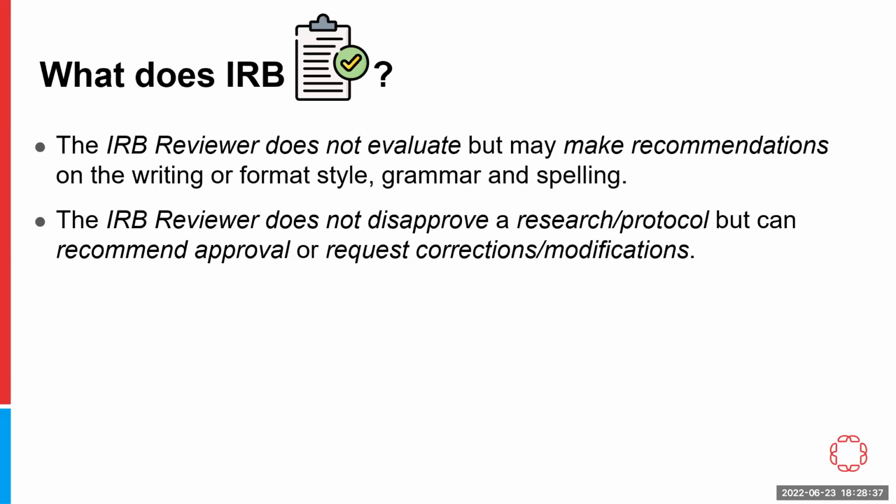However, we will recommend that the mentor check the grammar or style. Also, the IRB reviewer does not disapprove a research. The only thing an IRB reviewer can do is recommend approval or request modifications or corrections.